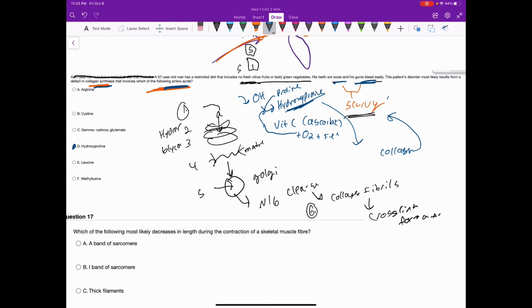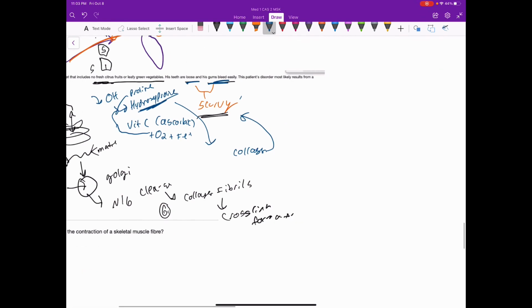Now, another way that I remember how I know vitamin C comes in: if you want to hydroxylate something, you want to hydrate. If you want to hydrate, it's the summer, you want to drink. I think of lemonade.